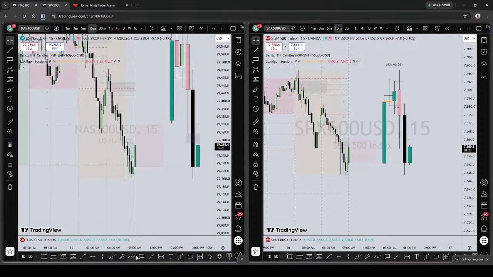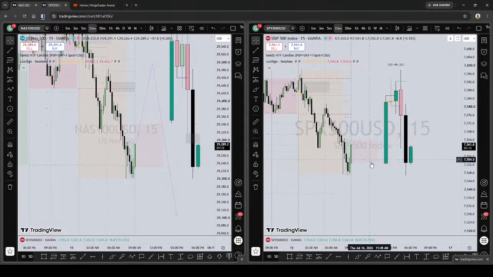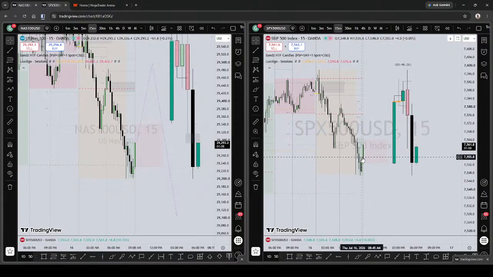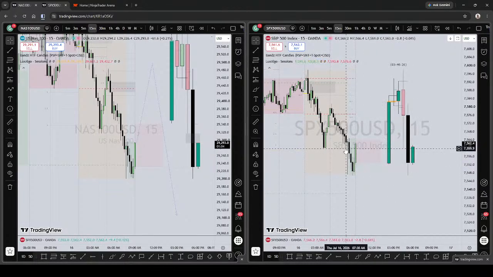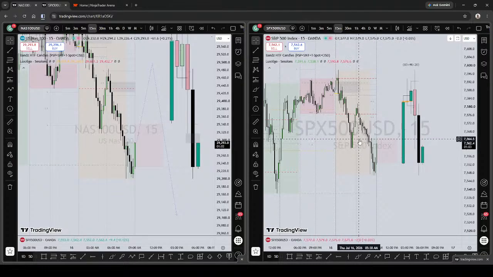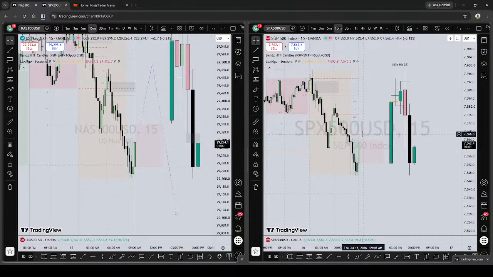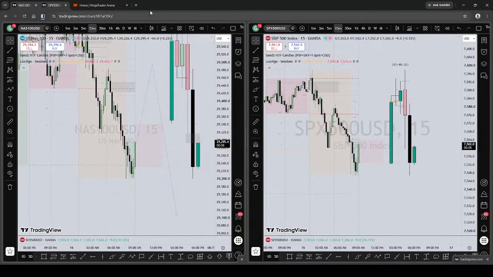So I'm expecting something like this, and then lower. Similar thing also for here. Strangely enough, I'm not expecting too much of a push from ES. I think we've already pushed enough. I want us to start going lower as soon as market opens in about 70 minutes.